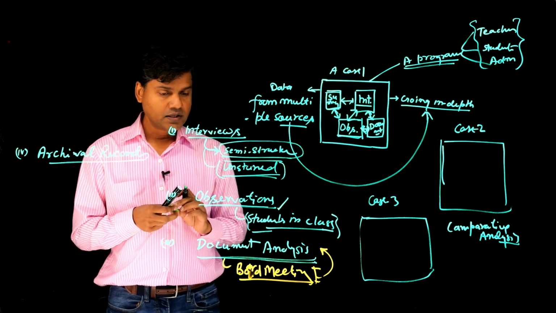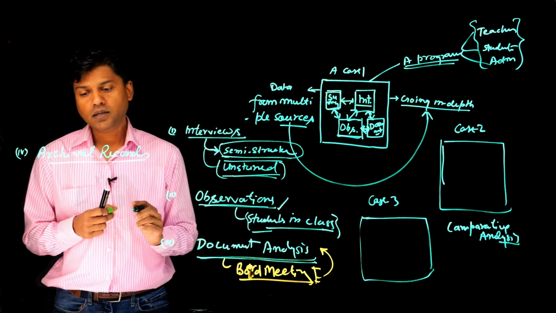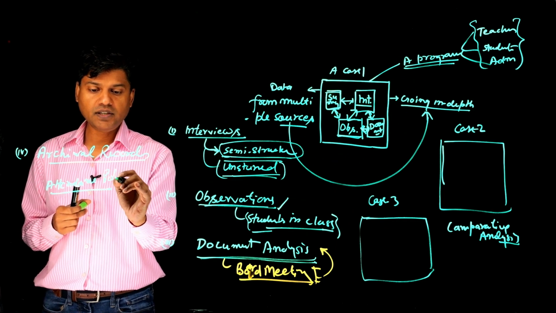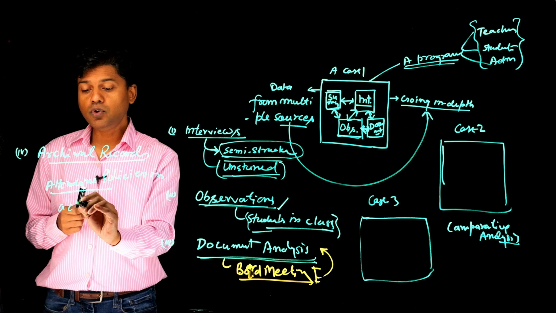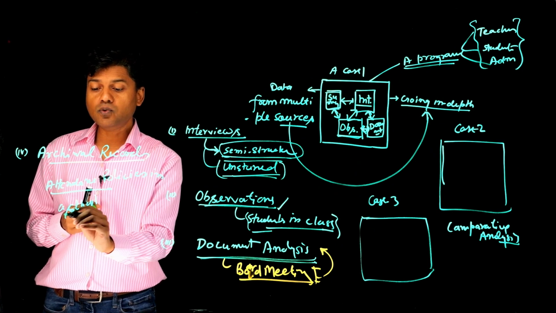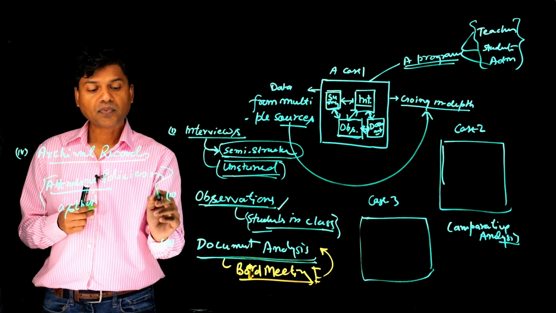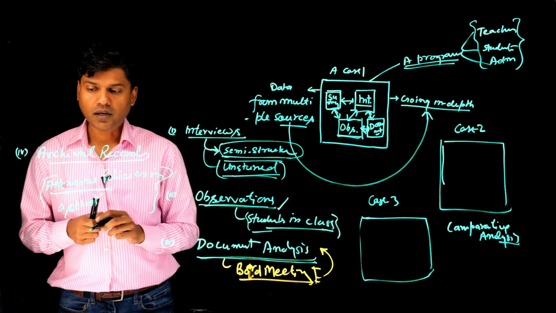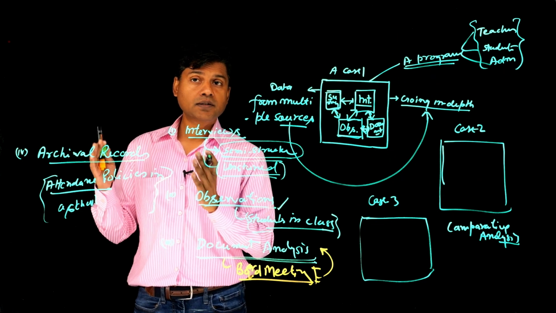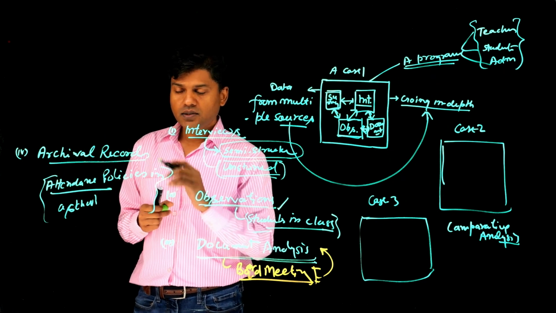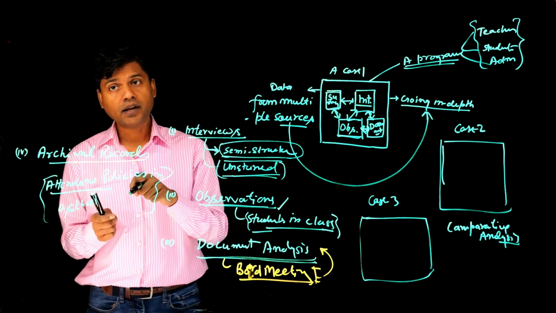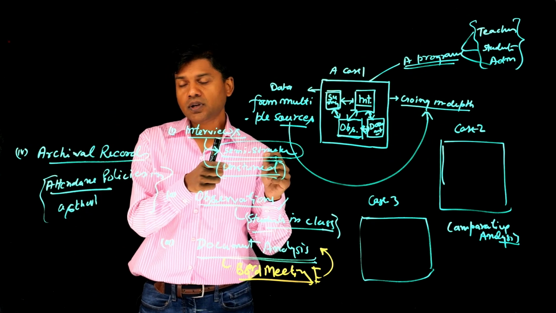So let's say I want to understand the impact of attendance policies in a school. What I could do is access archival records of attendance in that school, let's say for the last 10 years. And then I can analyze those attendance records and connect them with the policies at the school.